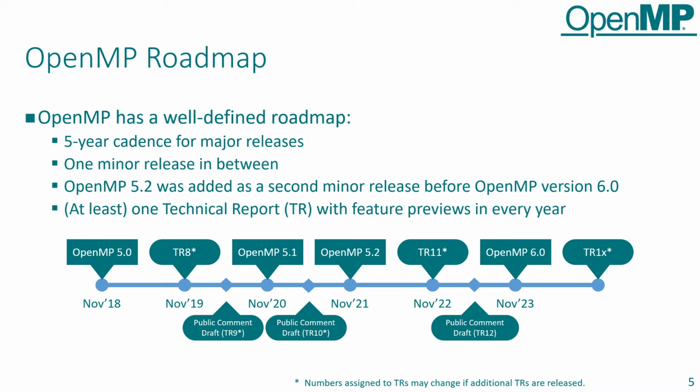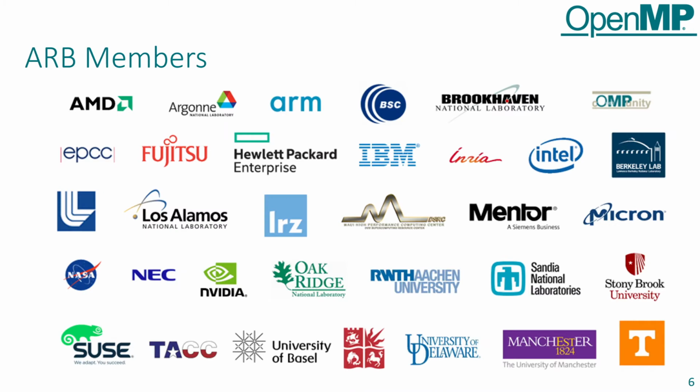Now, coming back to the members, this is a logo list of the renowned members that we have on board in the OpenMP Architecture Review Board. If you go through the list, you see all the important HPC and IT vendors, both for regular traditional host execution, like regular processors, but also GPUs and accelerators.